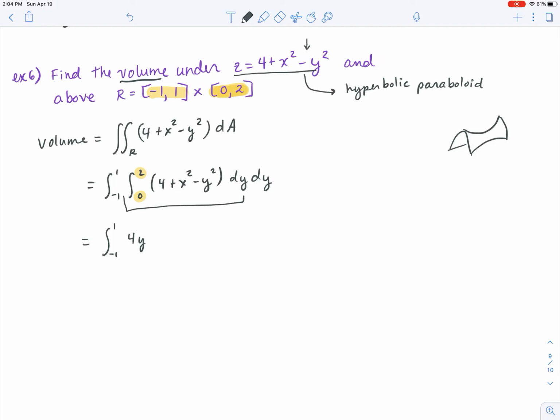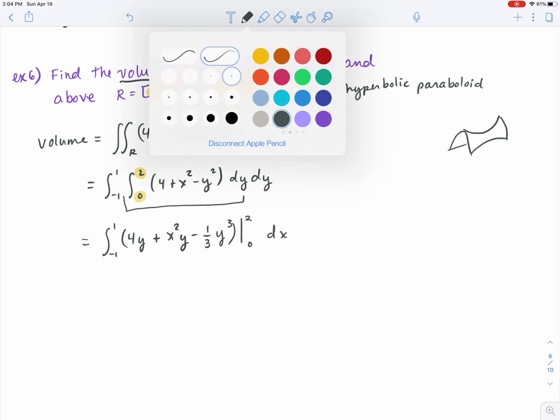The integral of x squared dy is x squared y. And the integral of negative y squared is negative 1/3 y cubed. And then this is all going to be evaluated from 0 to 2, and I should have put dx here.